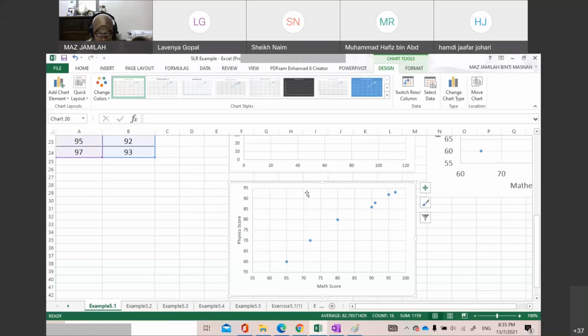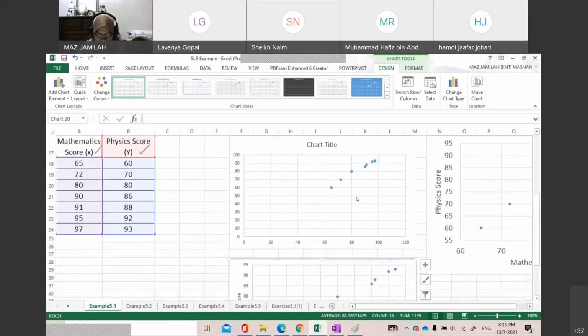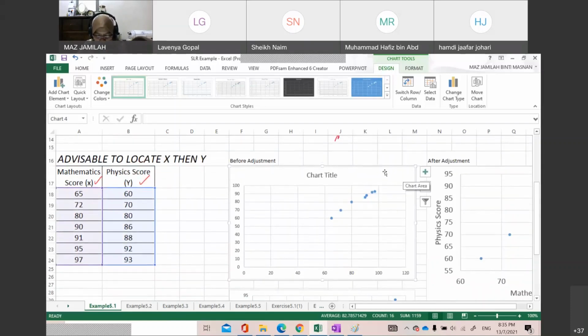What is the difference between this scatter plot and the original scatter plot? Sometimes when you are using this particular scatter plot, it will not really tell you much about the line itself, since you are dealing with a small number of data points, so it will be okay.